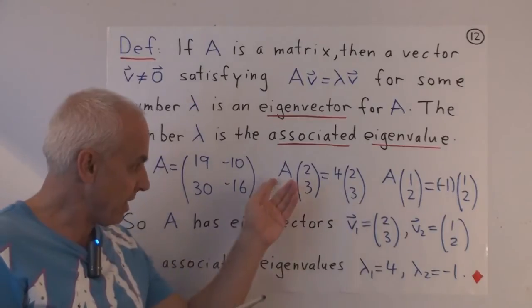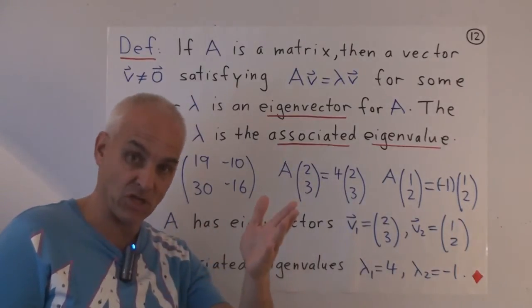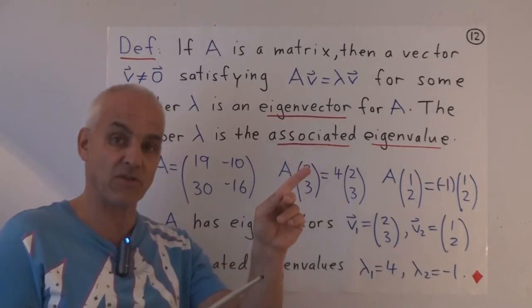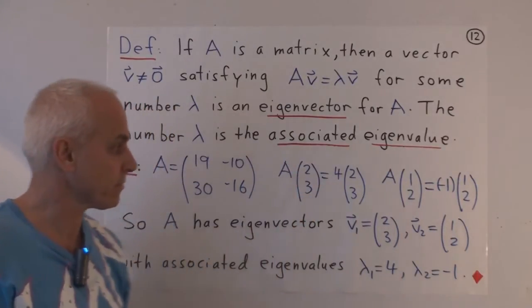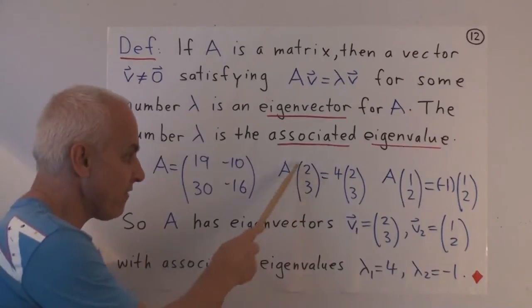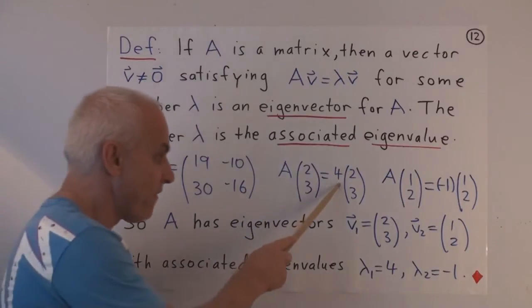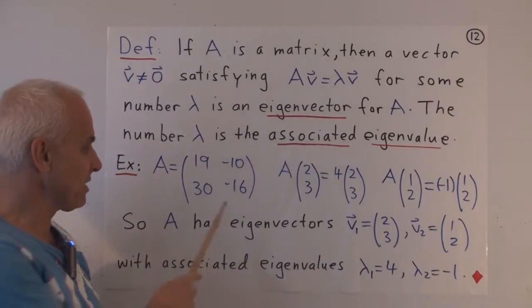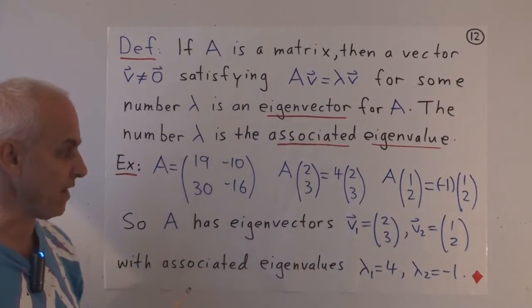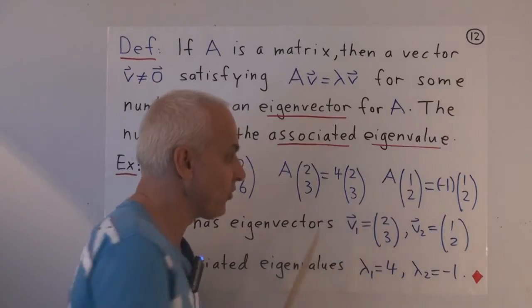So the matrix A, if you think of it as a linear transformation, it's stretching the vector V equals 2, 3 by a factor of 4. So that's an eigenvector for the matrix A, and 4 is the associated eigenvalue. But this matrix A has another eigenvector, namely the vector 1, 2.